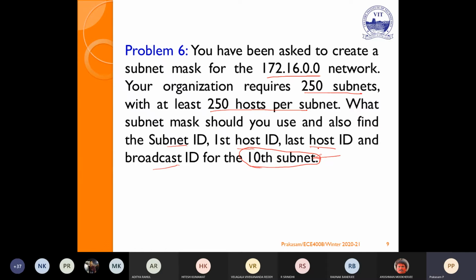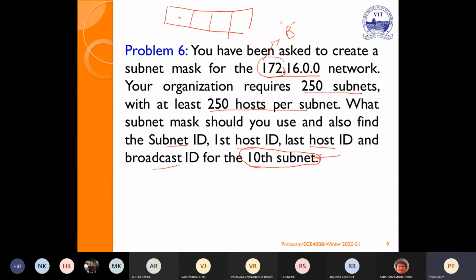Always, if you are given an IP address, you should identify which class it belongs to. So it is 172. Which class is this? Class B. 172 is class B. For class B, you should know the address structure.